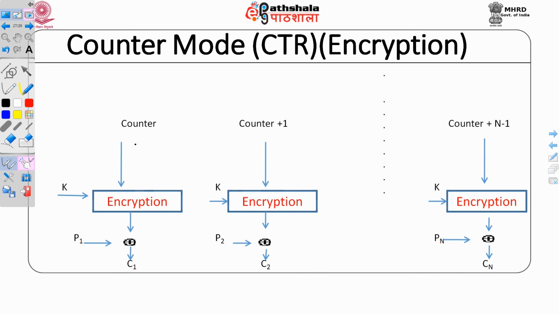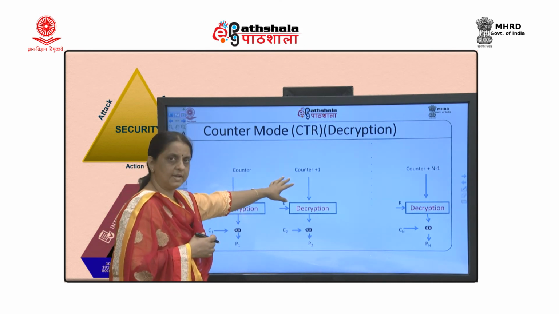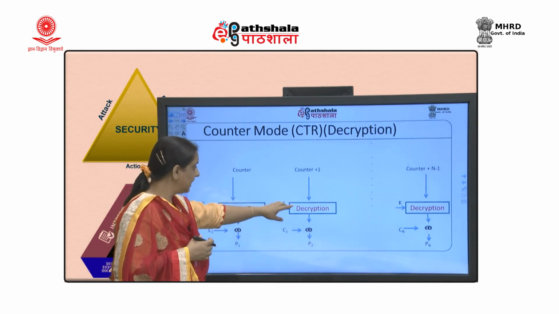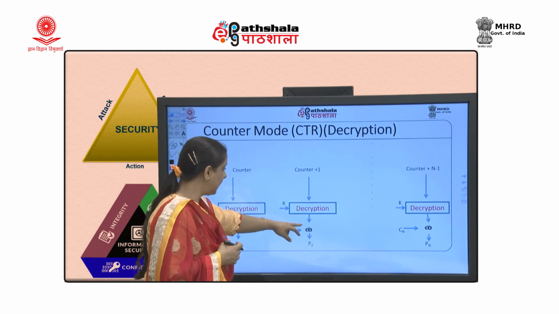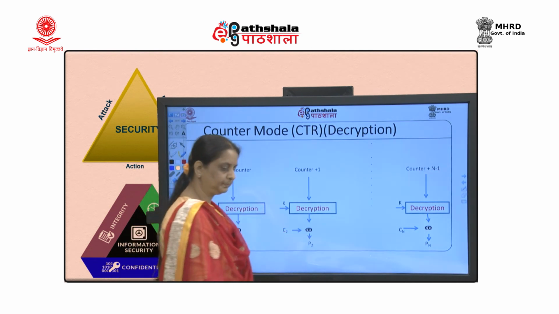If we have to visualize how the decryption would work, decryption would again be the same thing. The counter would be encrypted with the key, and whatever the output is would be exclusive ORed with C1 to get P1. In the same way, counter plus 1 would be encrypted with the help of k, and exclusive ORed with C2 to get P2.